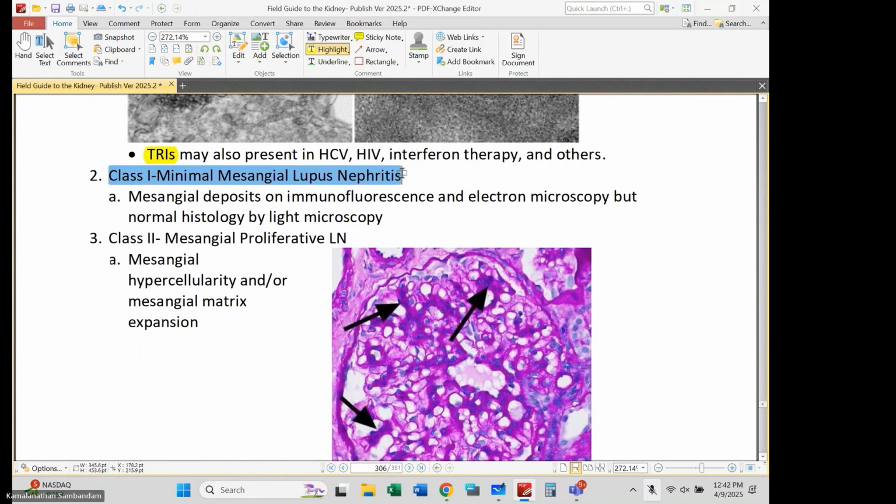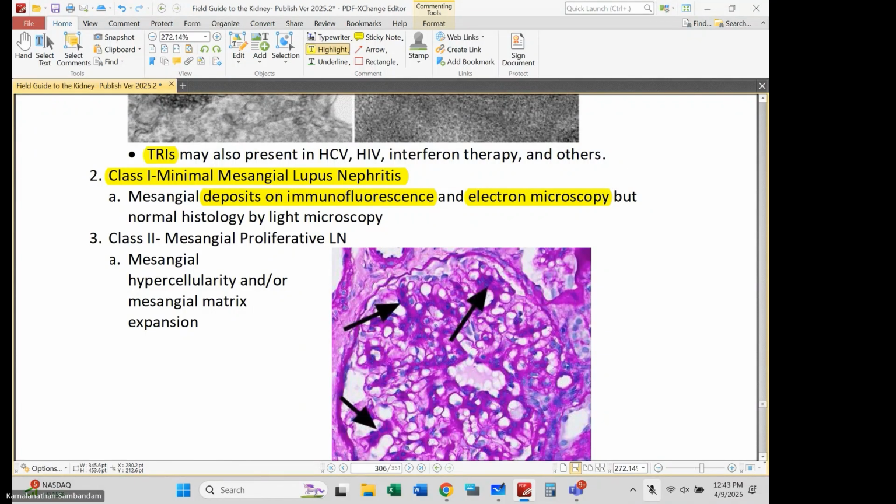Okay, now let's move into the various classes that you see on kidney biopsy. Class 1 essentially looks normal or almost normal on light microscopy, but I see deposits of immunoglobulin and complement on immunofluorescence microscopy, and I also see those deposits on electron microscopy.